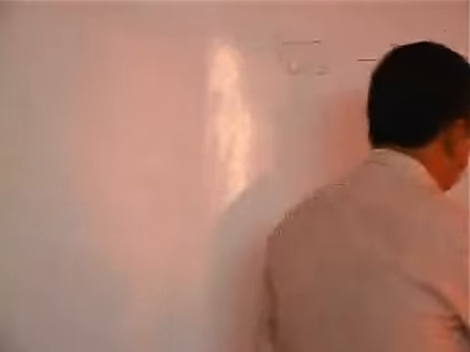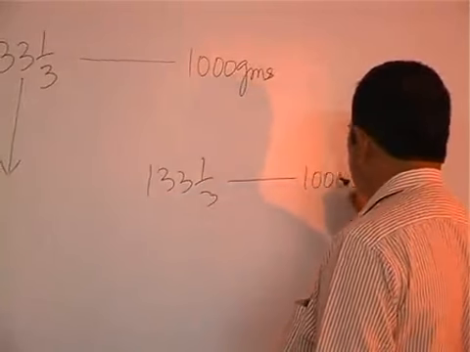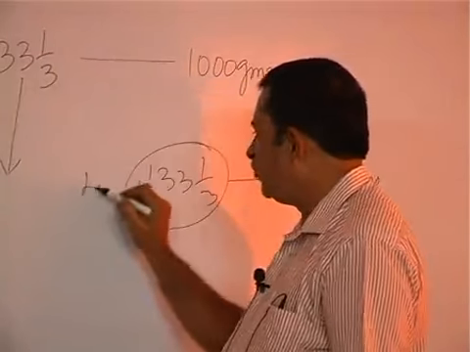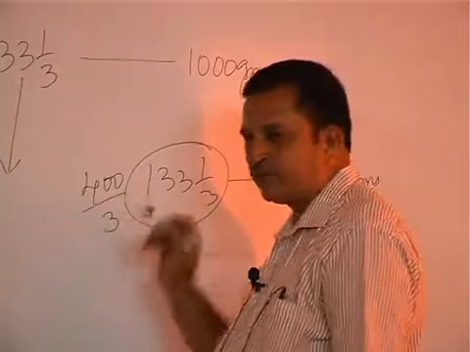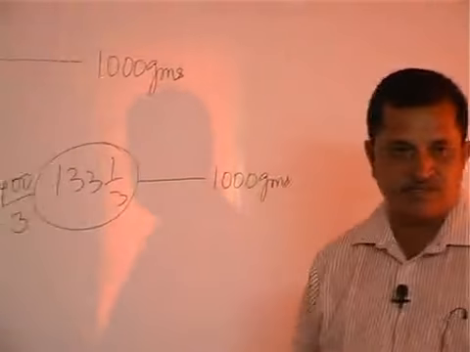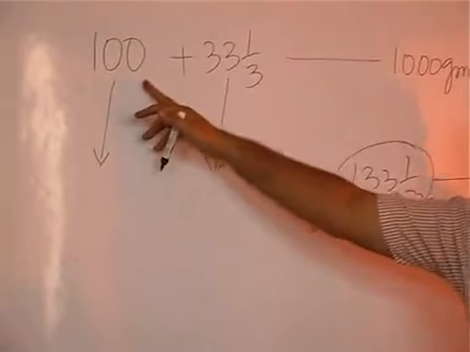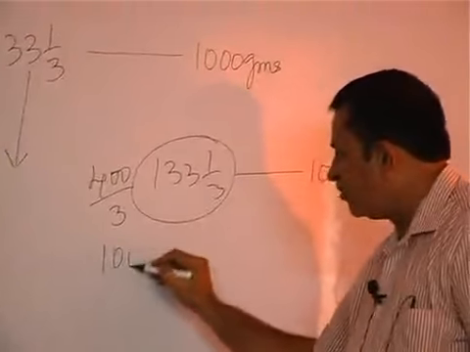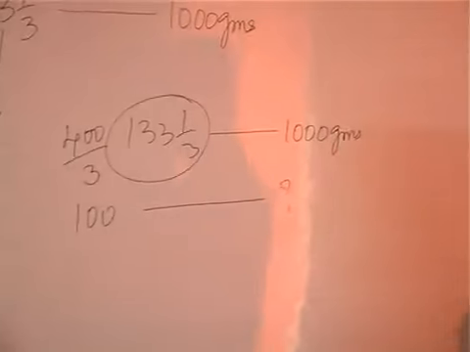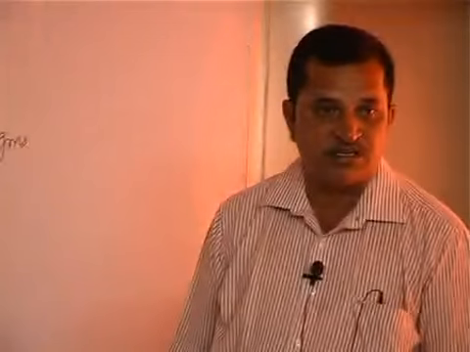So, 133 1/3, that is 400/3, is equal to 1000 grams. Find the weight he substituted, means he has given 100 to us, is it not? 100 will be equal to how much?